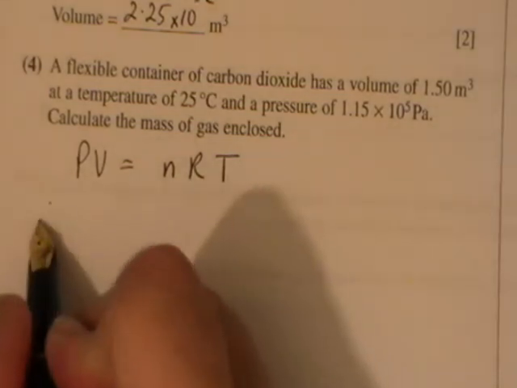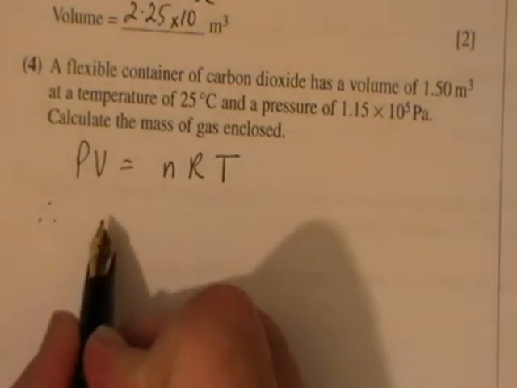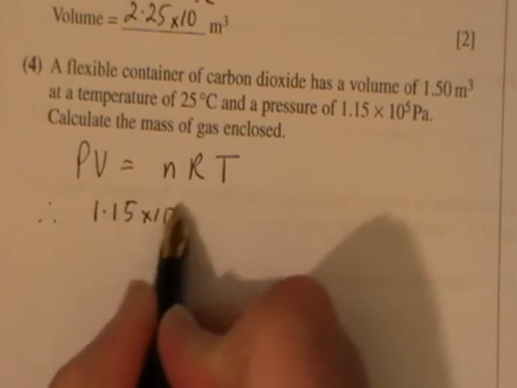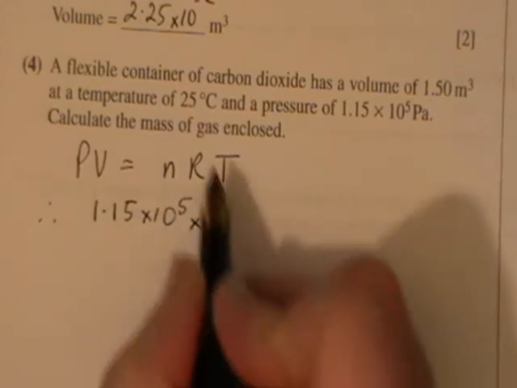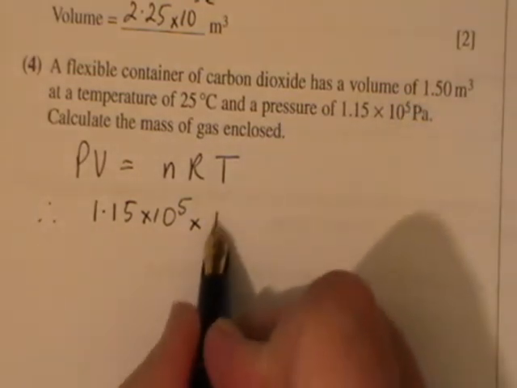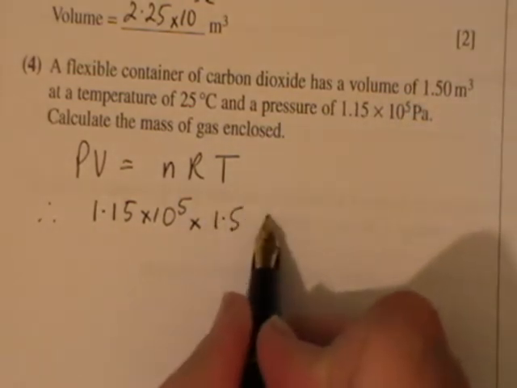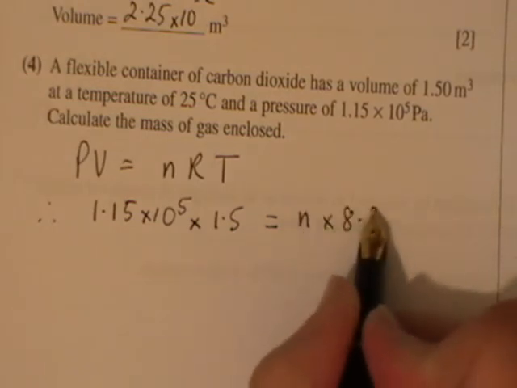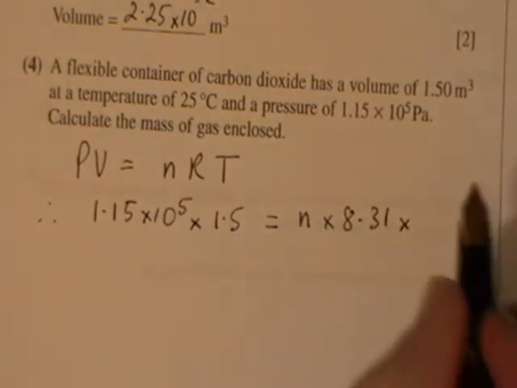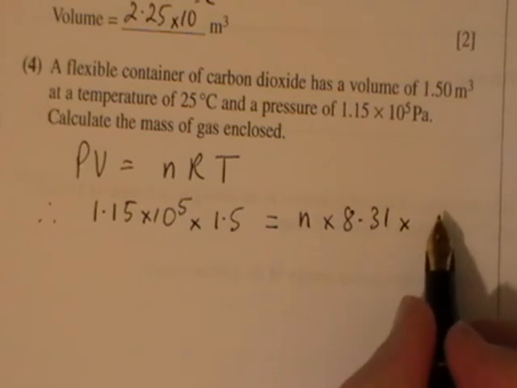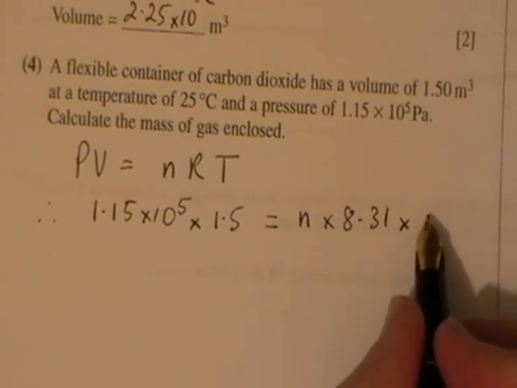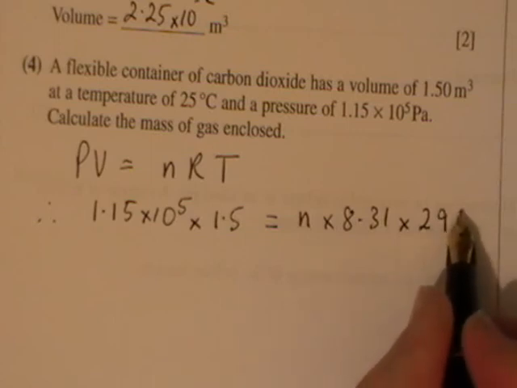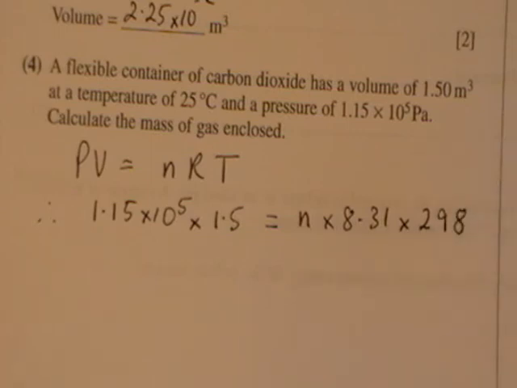Therefore we can say 1.15 times 10 to the power of 5 times 1.5 is equal to n times 8.31 times, and then that's 273 plus 25, so that's 298.